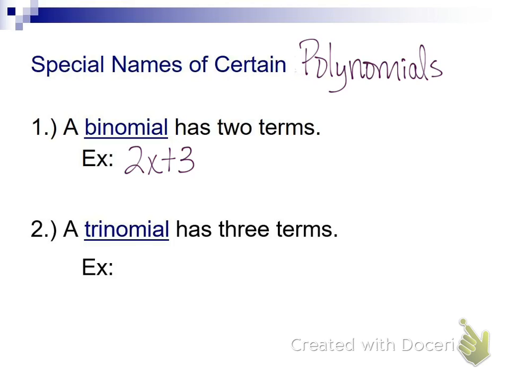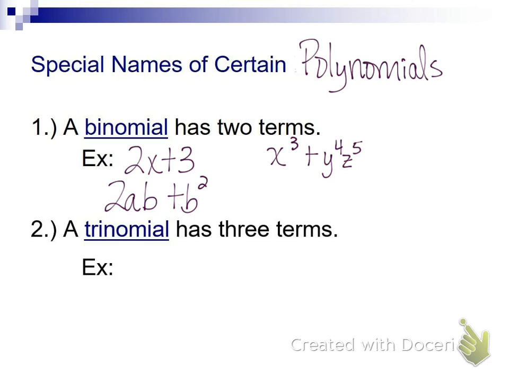The one below it, 2ab plus b squared, only had 2 terms. That's a binomial. It could be all variables, so you could have x cubed plus y to the 4th times z to the 5th. That would be considered a binomial.